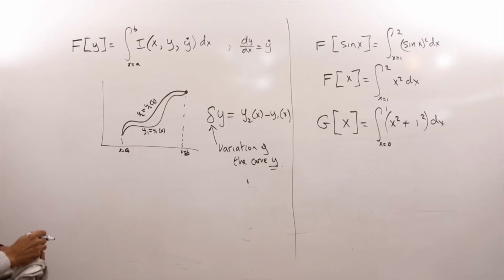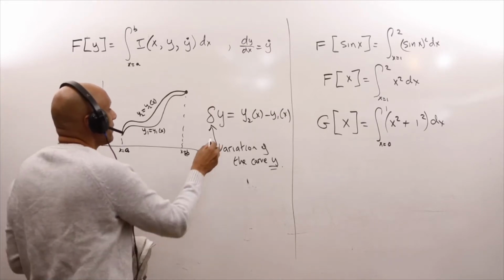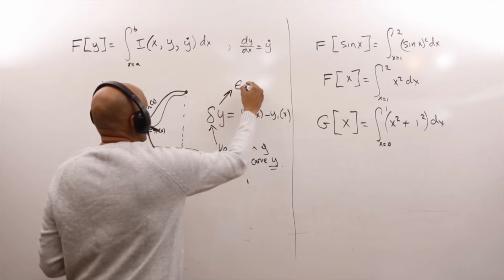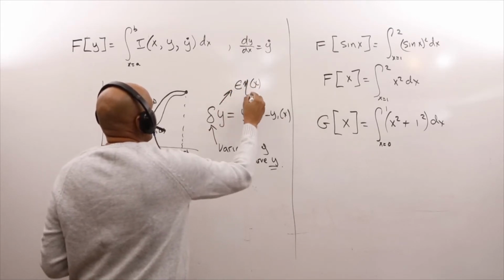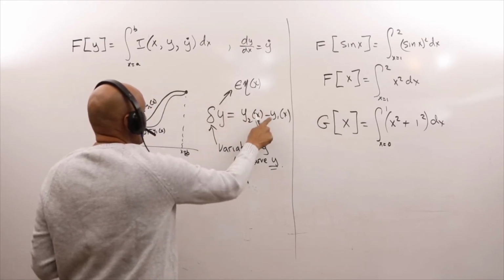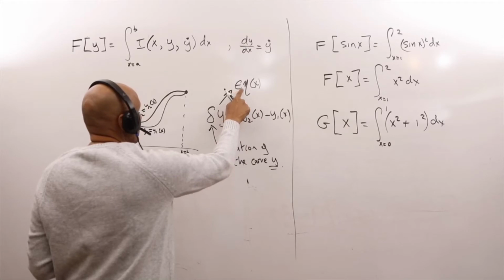Now there are several ways of doing these calculations, and I'd like to do it from a physics perspective. There are other variations where this variation is generalized into an epsilon times eta at x, where epsilon is a small number and eta at x is a function. So the difference between these two is a small epsilon times eta at x.